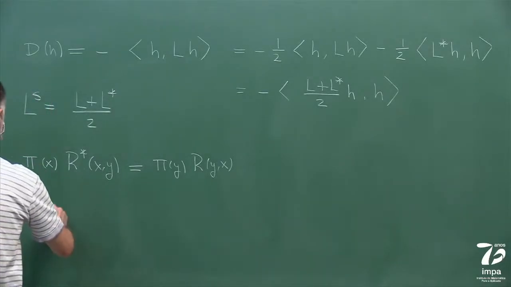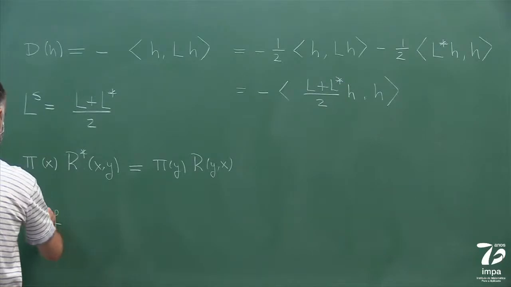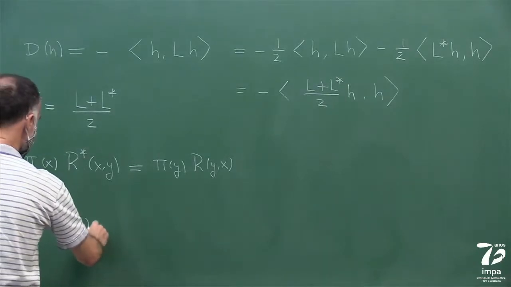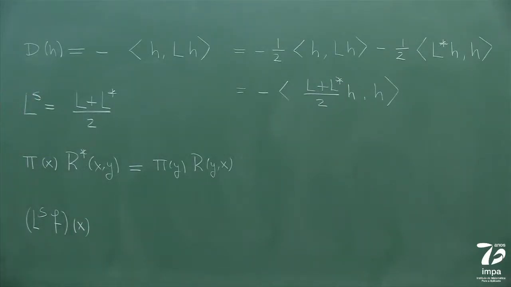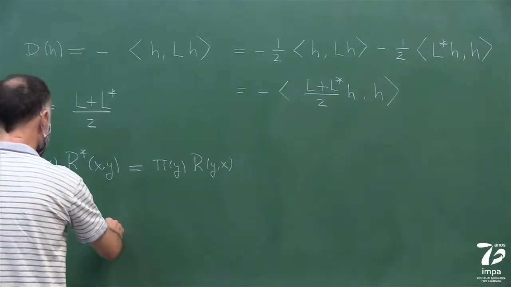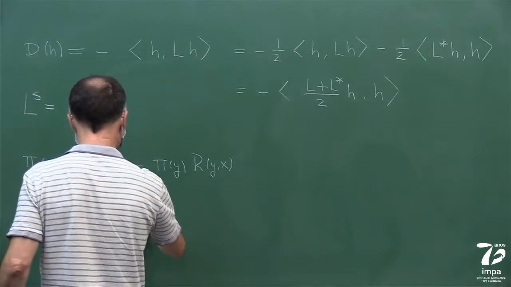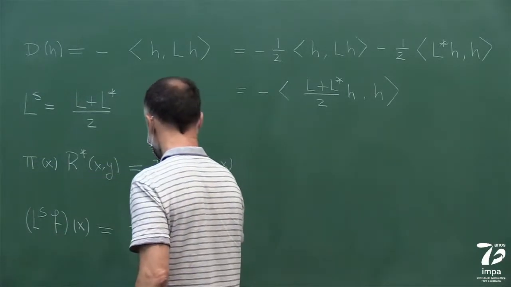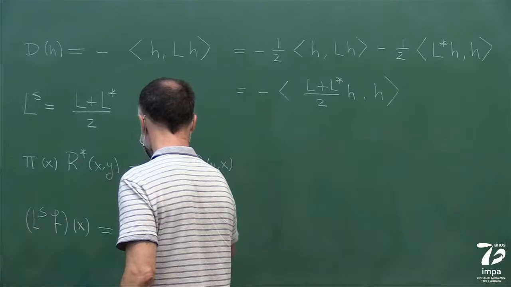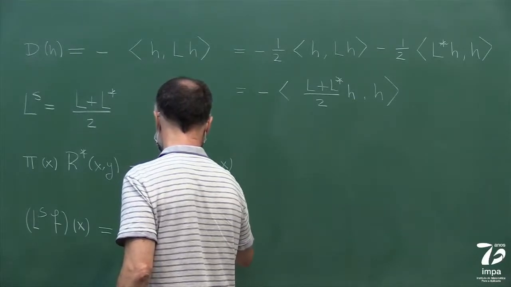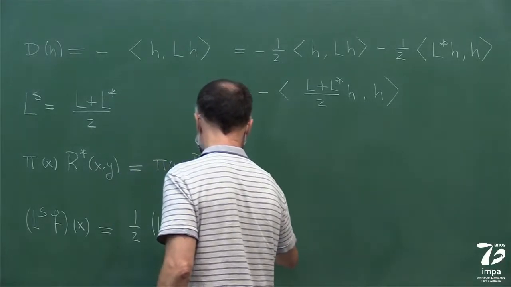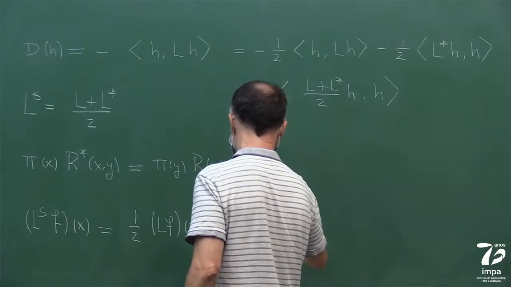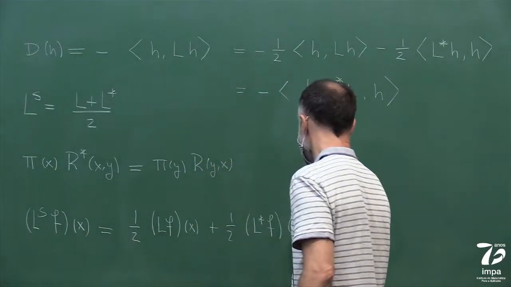So what is Ls applied to a function f computed at x? Well, by definition, it's 1/2 of L applied to f, plus 1/2 of L star f applied to x.